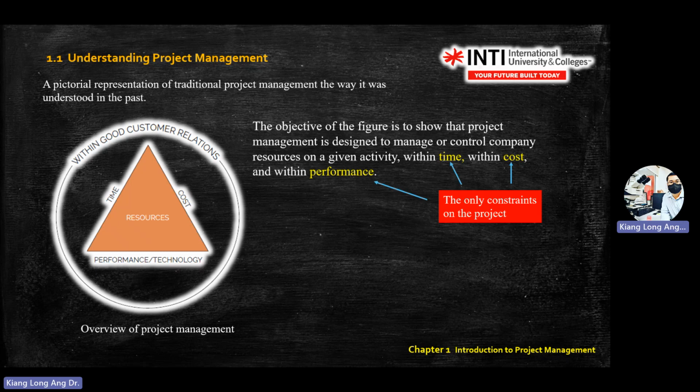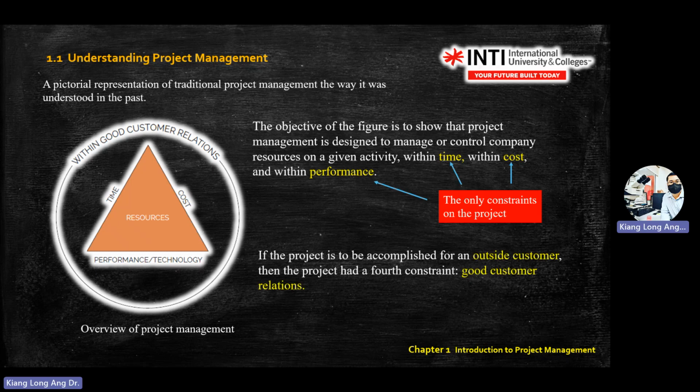Okay, so this is from the textbook. Later we will see a transformation of this triangle. So this outside one, you draw it when you have an outside customer. It becomes the fourth constraint.